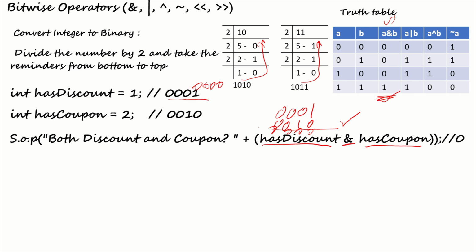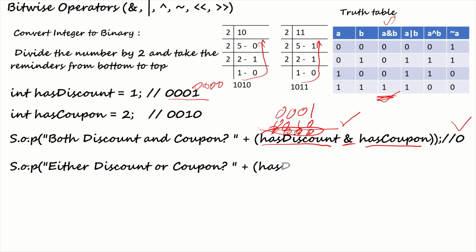Again, you multiply by powers of 2: 0 times 2 power 0, 0 times 2 power 1, 0 times 2 power 2, 0 times 2 power 3, then add them up. In this case all are 0, so you'll get 0. Now, next one, let's see either discount or coupon. I'll use the bitwise OR operator. Same thing, you apply the truth table, and you'll get 3 here.